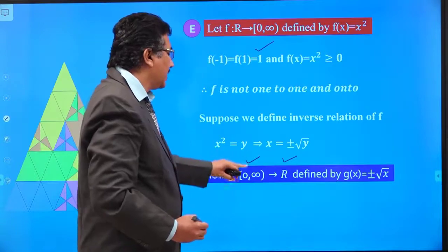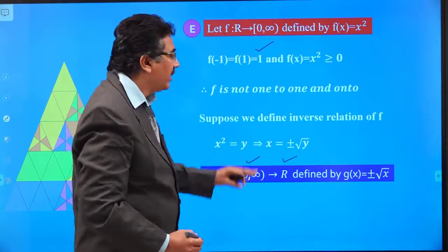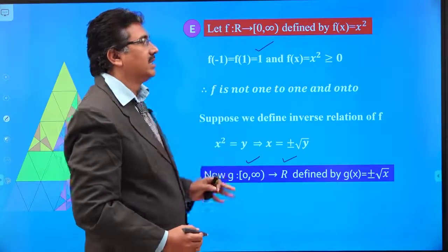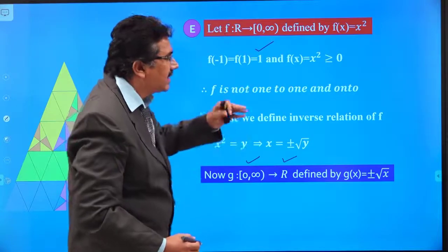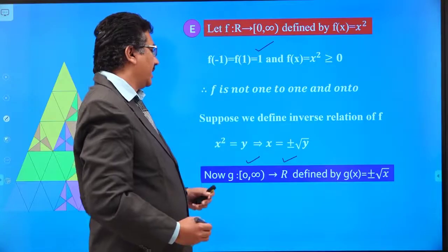In this situation, this is only a relation. Now verify whether this relation is a function or not. After that, if it is a function, verify the 1-1 and onto properties.